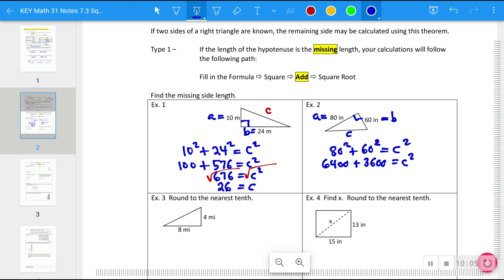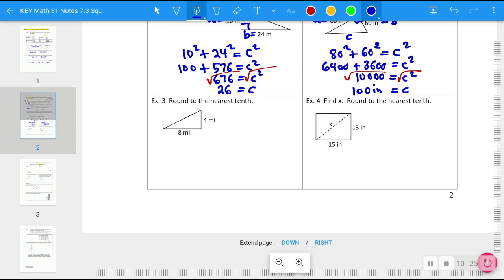And that's equal to c squared. And when you add these, you get 10,000. Square root both sides. And you find out that c is equal to 100 inches in this case. That's the length, 100 inches long.